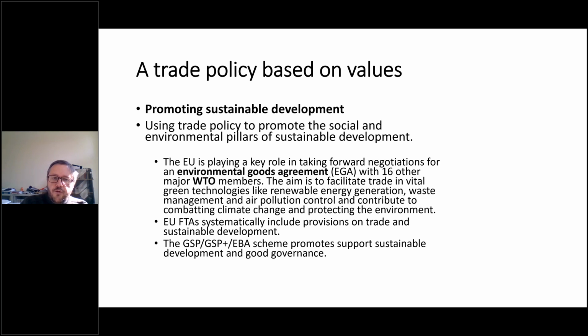And the underlying idea for this type of agreement is to really reduce tariffs on these green products very substantially, so that there are more incentives for these products to be developed, and that actually through green technology, a lot of environmental issues can be addressed. And that's one of the areas in which the EU is working. It's also one of the approaches the EU can take in free trade agreements, but we will return to that on Friday.